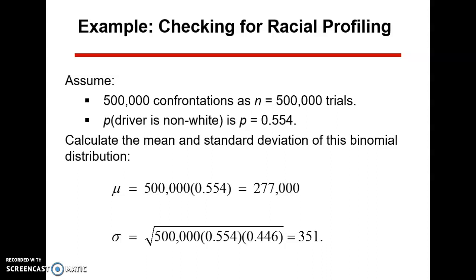Now, just using the empirical rule, you could go out 3 standard deviations either side and account for over 99%. If you went 3 standard deviations, you're approximately going to about 1,000 people. So you're looking at a range of about 276 to 278,000.